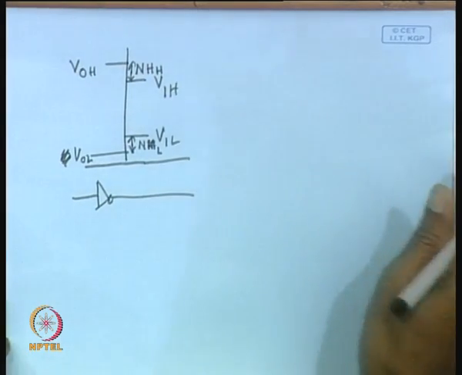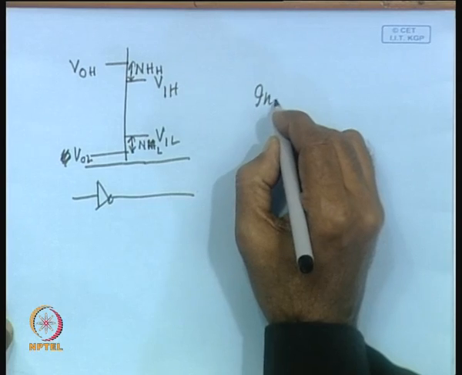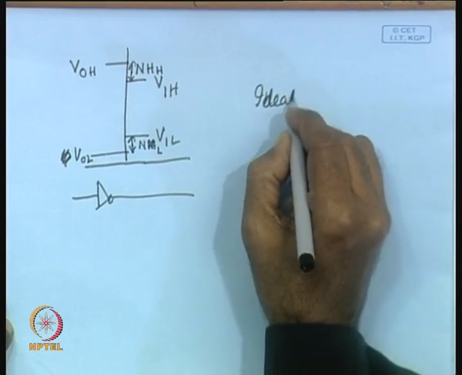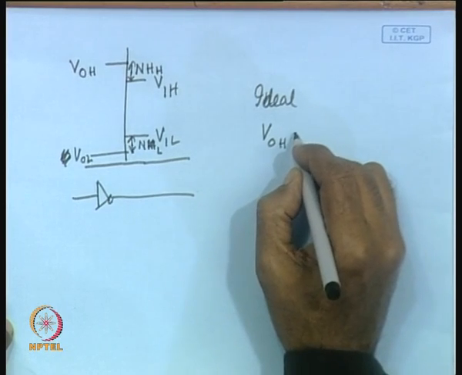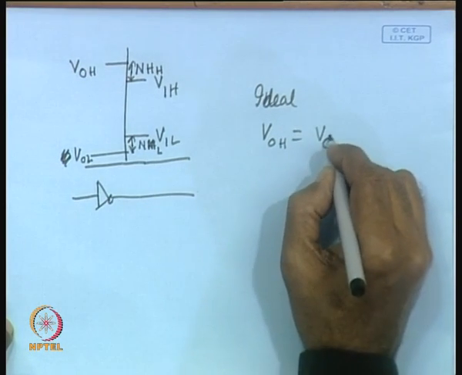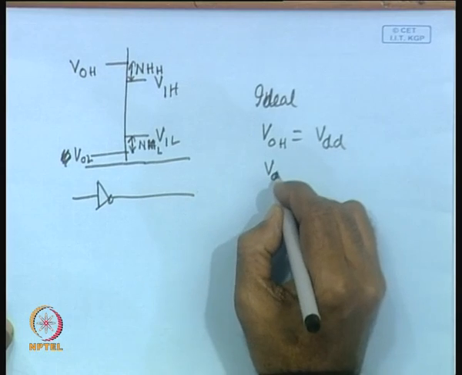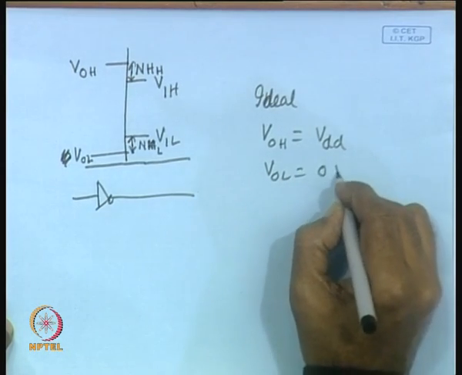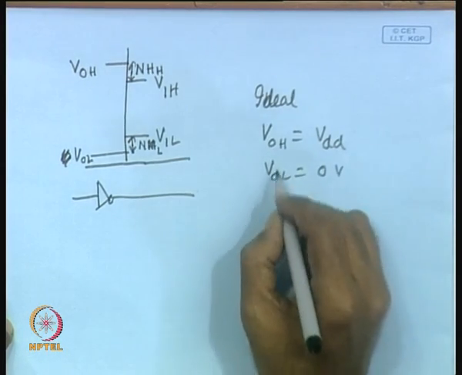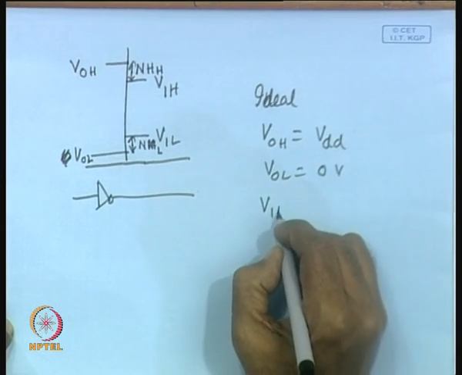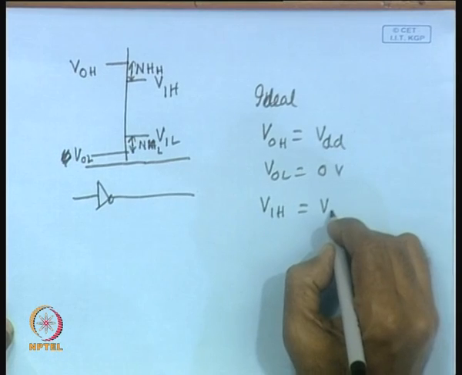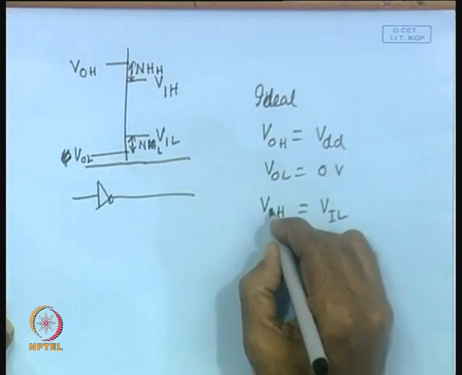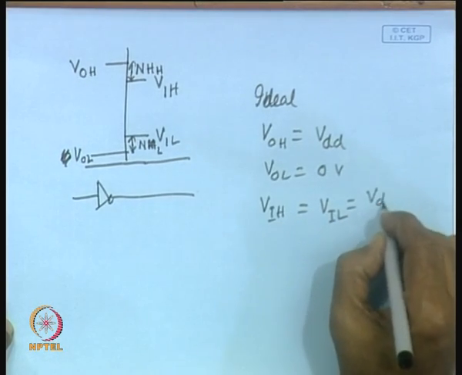Now, ideally, as you know, in case of ideal situation, VOH should be equal to VDD, VOL should be equal to 0 volt. Similarly, VIH and VIL should be equal to VDD by 2.